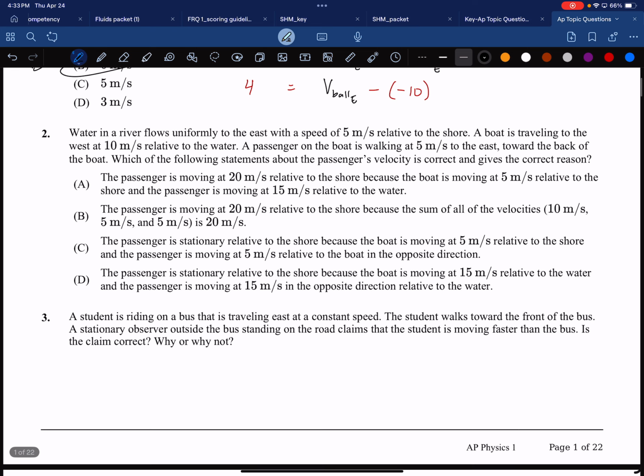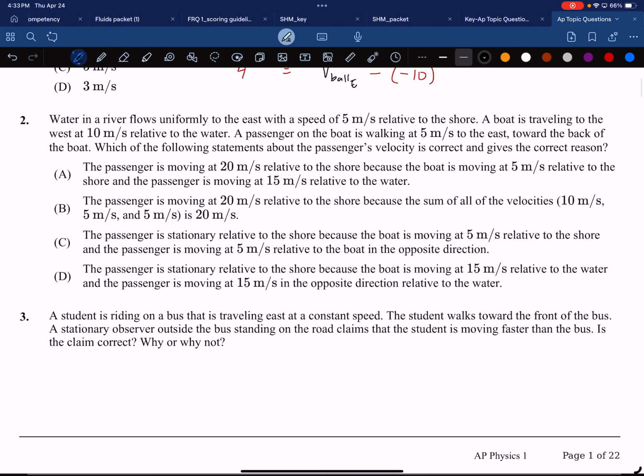Okay, so number 2 says water in a river flows uniformly to the east with a speed of 5 meters per second relative to the shore. A boat is traveling to the west at 10 meters per second relative to the water. So in this case, what is considered earth or our ground? The shore, right? Because the shore is going to be the edge.